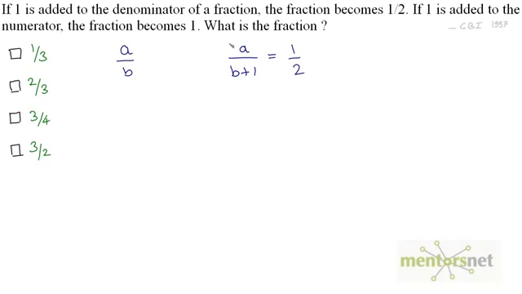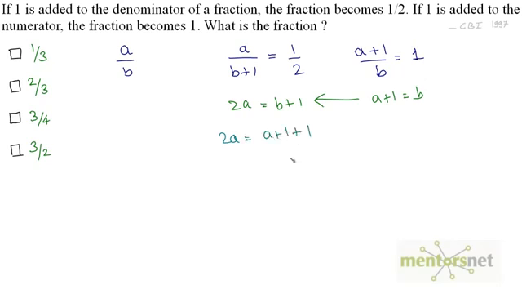And if 1 is added to the numerator, the fraction becomes 1. So we can write (a plus 1) by b is equal to 1. So this is 2a equals b plus 1, and this one is a plus 1 equals b. Now put the value of b equal to a plus 1 in this equation. So we get 2a equals a plus 1 plus 1.